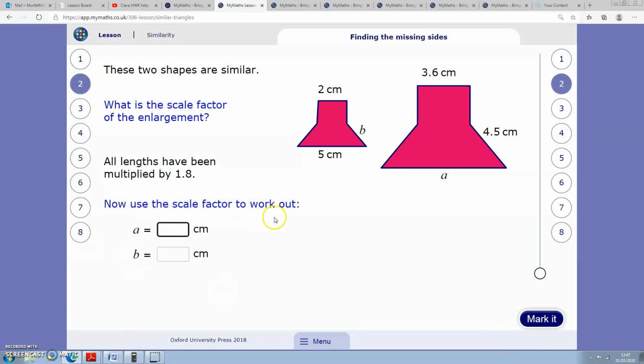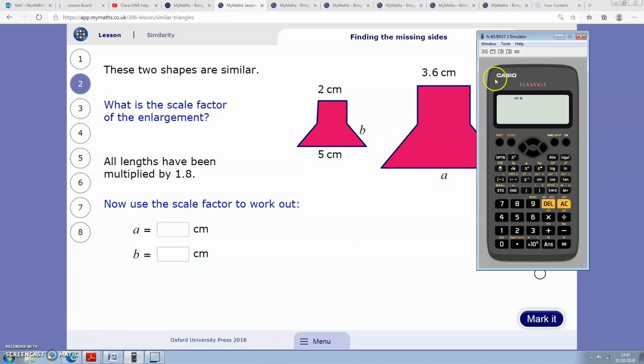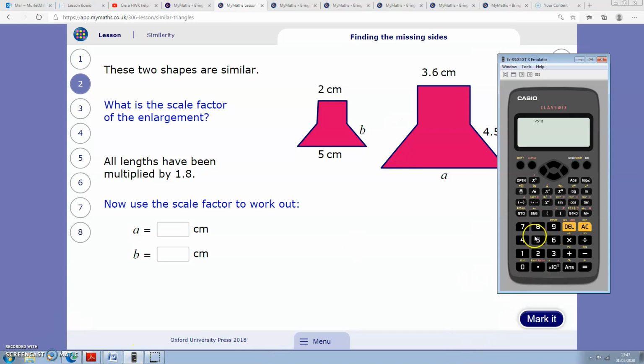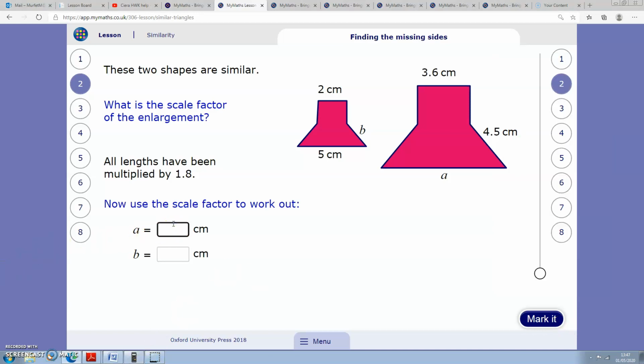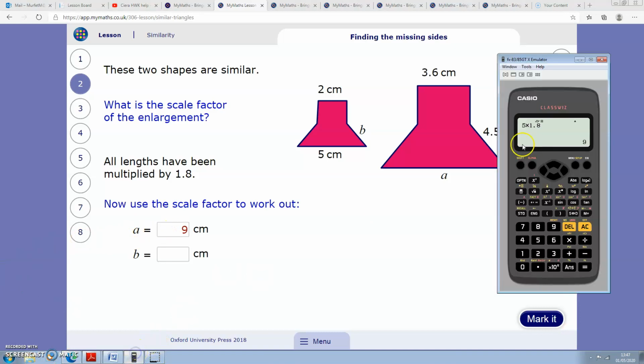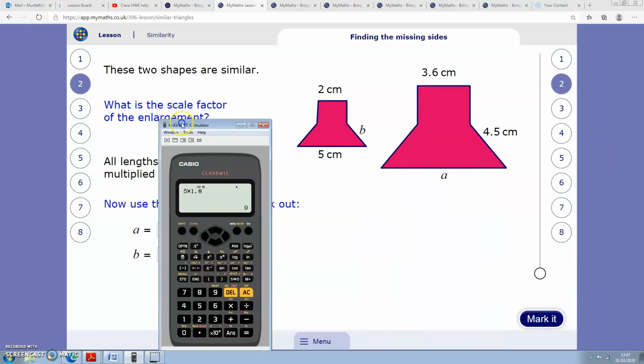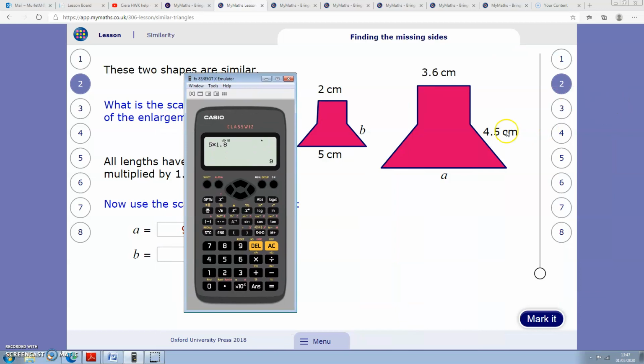So now use scale factor to work out. In that sense, I want to know what A is. I'm enlarging it, so I'm going to just click on the calculator here. We're going to do 5 multiplied by 1.8, and that gives me 9. So 9 centimeters is A. And then for B, 4.5 is the long side here, and B here, I don't know what that is.